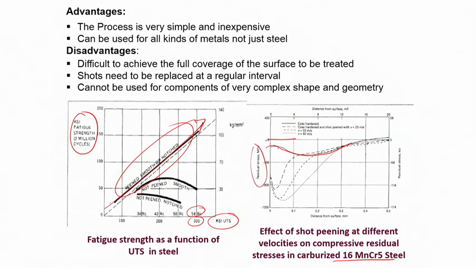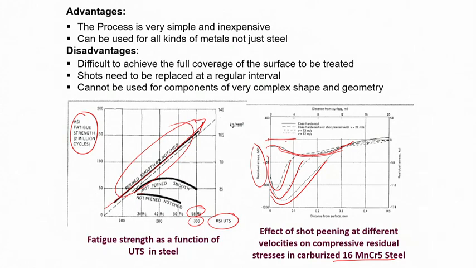So the residual stress is compressive in nature, but when you follow the carburizing and heat treatment up with shot peening, then the state of stress can be much higher in magnitude in the negative direction, meaning the magnitude of residual stress is much higher.